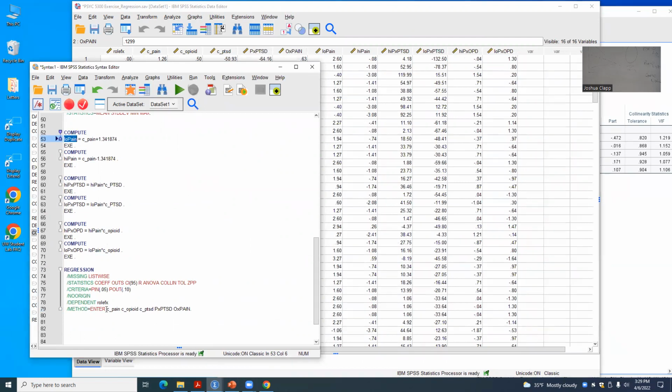I see in my model I've got centered pain, so I'm going to swap that out for low pain. Now I've got opiate use, PTSD, and then pain times PTSD. So I'm going to take low pain times PTSD and substitute that in. And then I've got opiate use times pain. I'm going to substitute that in for low opiate use times pain.